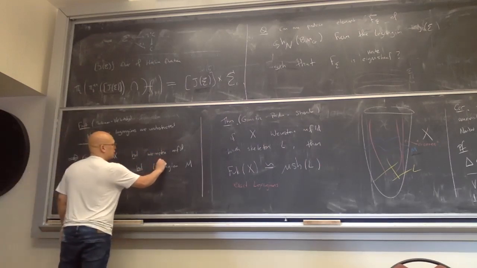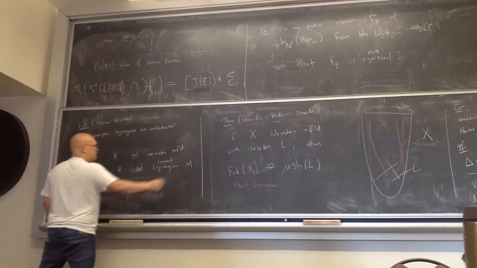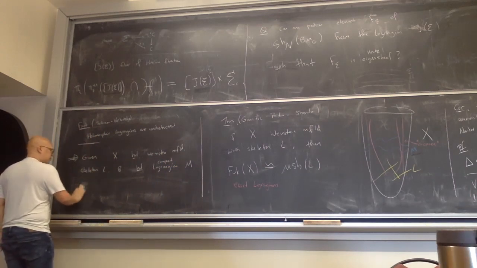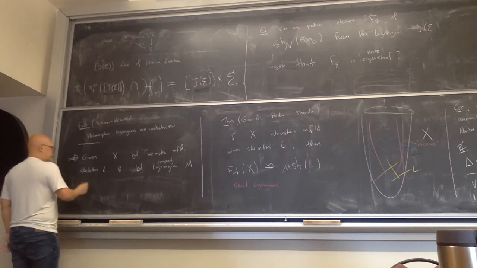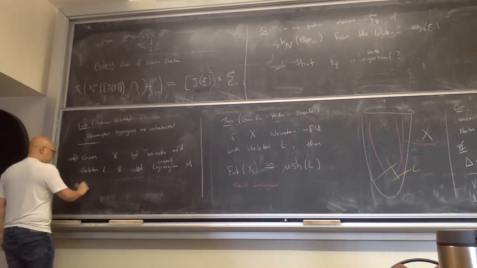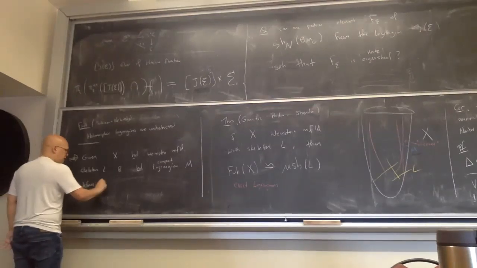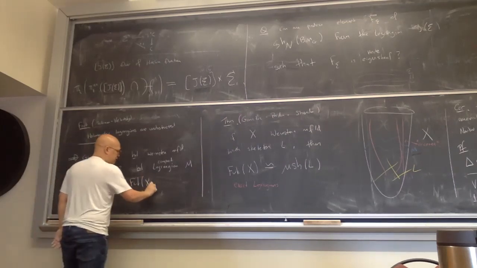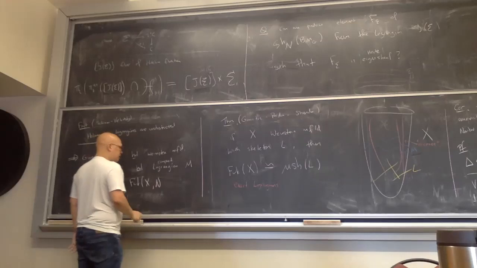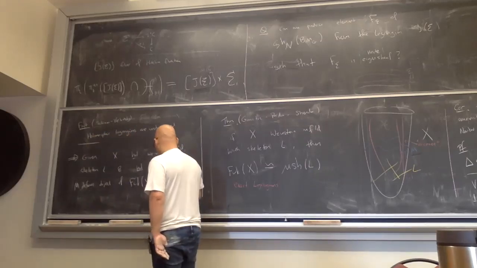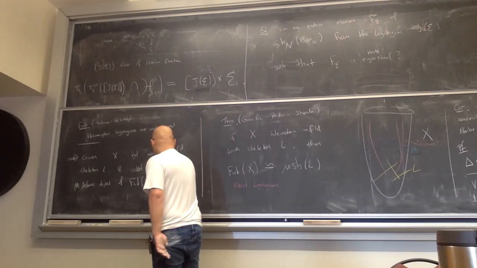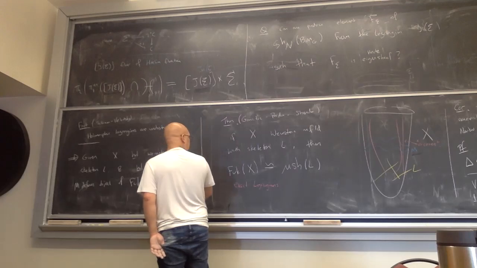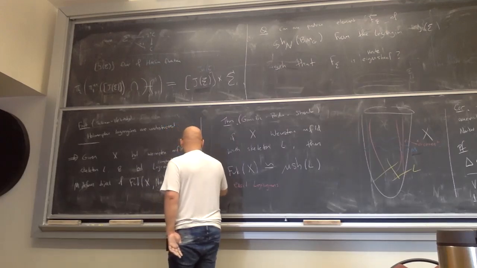And a holomorphic compact Lagrangian M defines an object of the Fukaya category of X with coefficients in the Novikov ring. That's why I didn't want to use lambda before, because of the Novikov ring. I'll just write Novikov, which is isomorphic to microsheaves on L with Novikov coefficients.